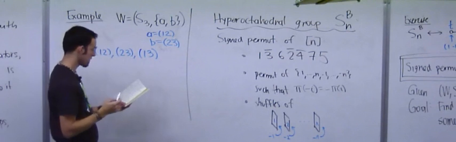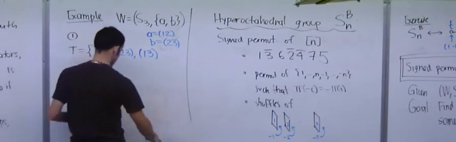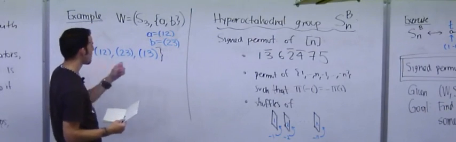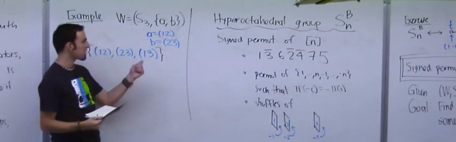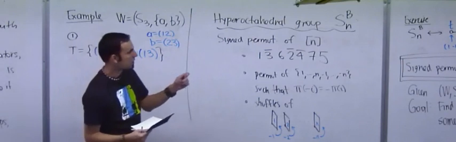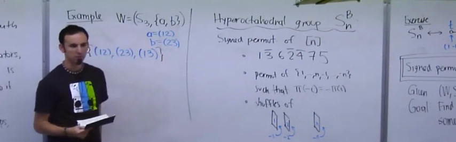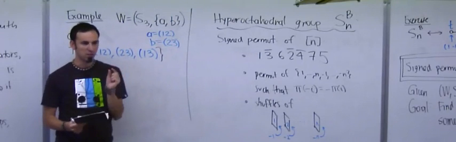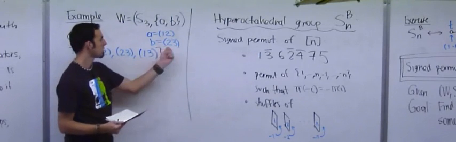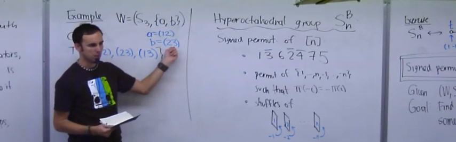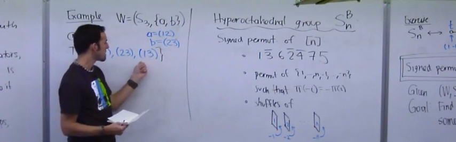Okay. Now, why should we think of this as ABA? Well, because we're thinking putting W, then one of these guys, and then W inverse. So for example, I could put in W equals A, then this one, and then A inverse, which is, again, A. And so what I get is ABA, which is 1, 3.